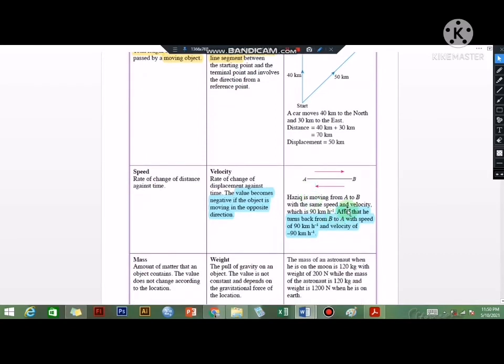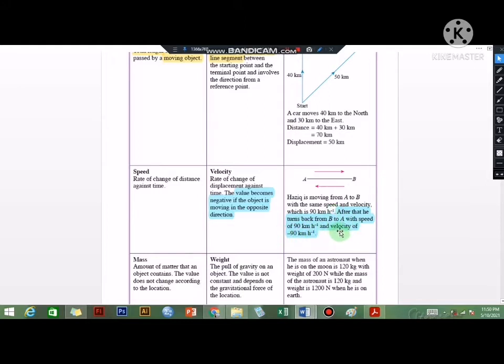Let's look at the example here. Haziq is moving from A to B with the same speed and velocity, which is 90 km per hour. After that, he turned back from B to A with the speed of 90 km per hour and velocity of negative 90 km per hour.